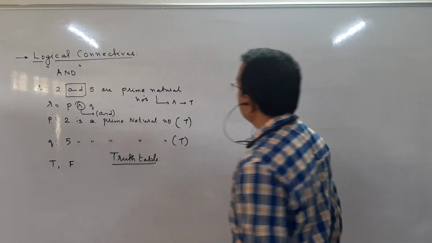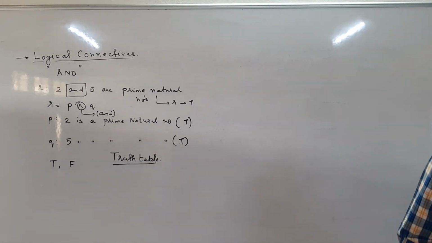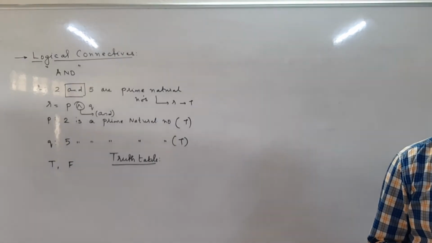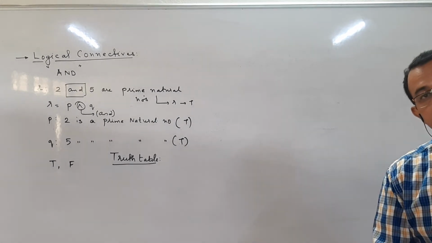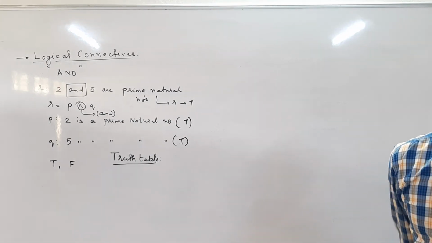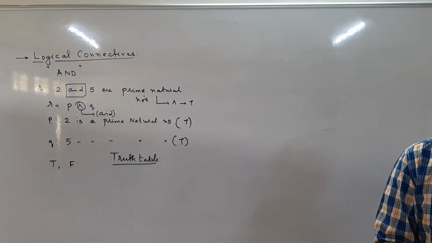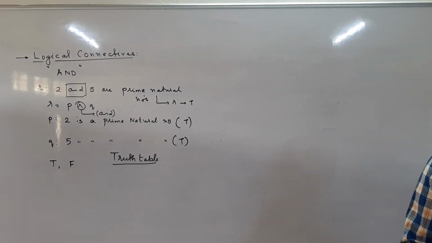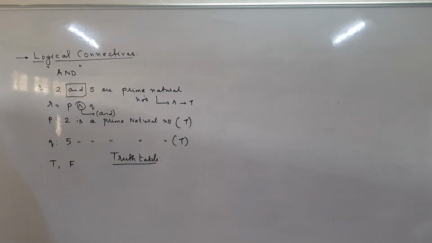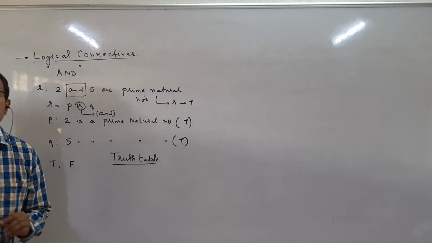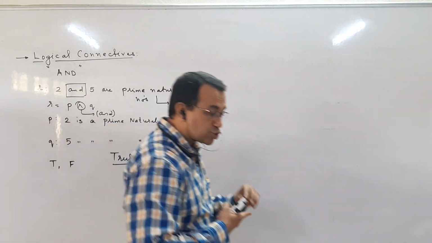So students, what is a truth table? A table showing possible truth values of component statements and compound statement is called a truth table. Write this definition in the textbook with a pencil afterwards.